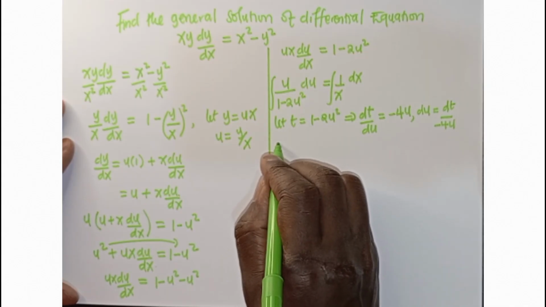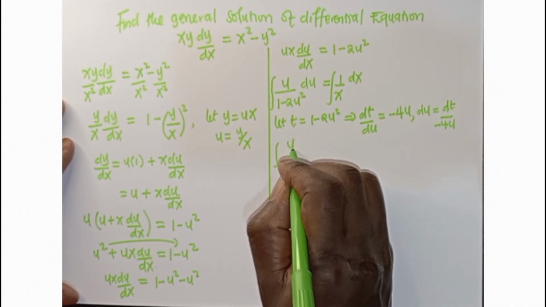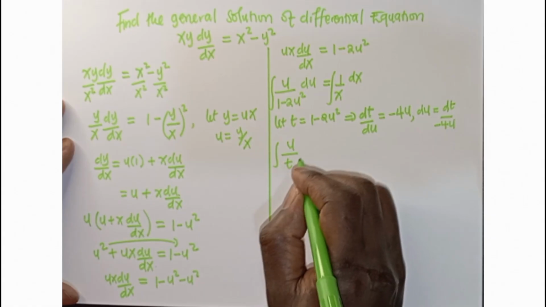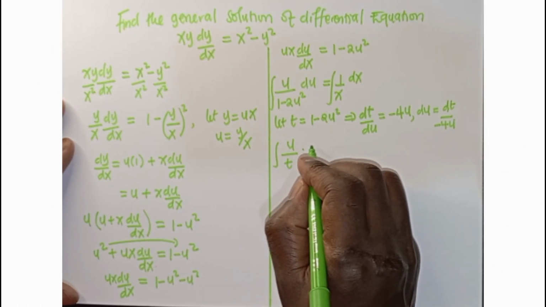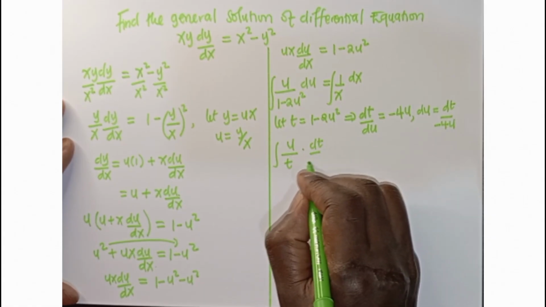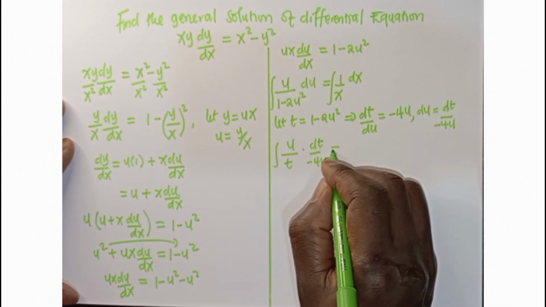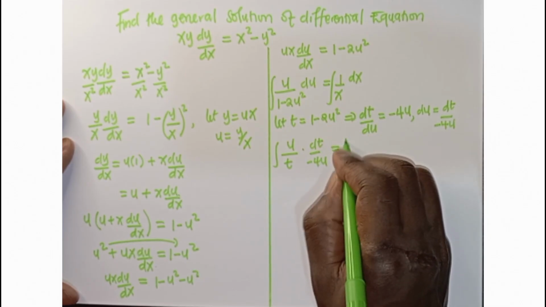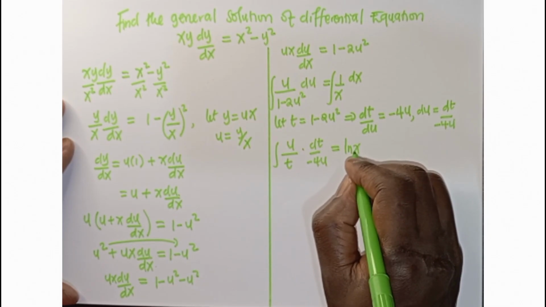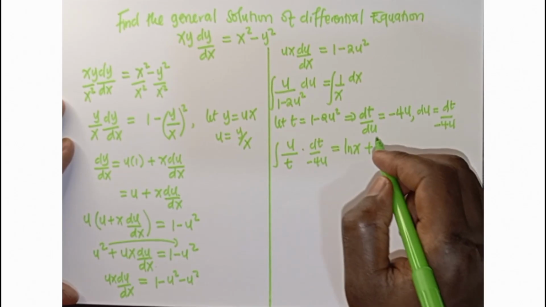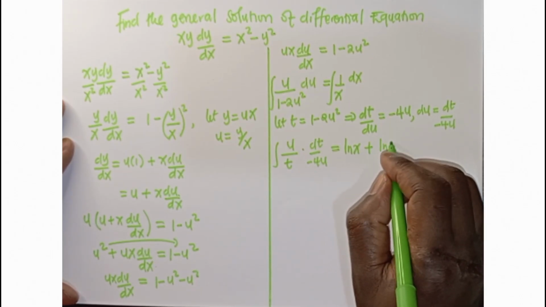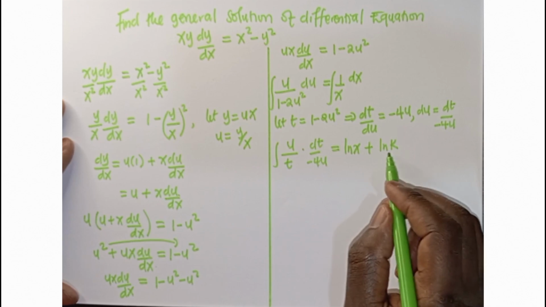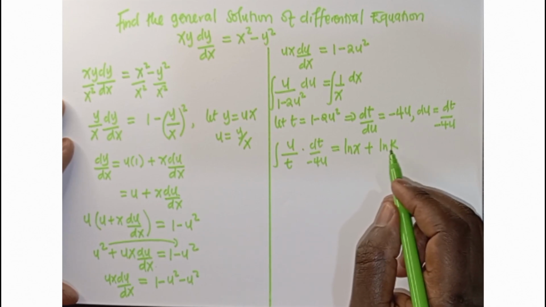So you can put this here. You'll have the integral of u out of t times dt out of negative 4u is equal to ln of x plus c, and the c can be ln k, because it's a constant. ln k is also a constant.